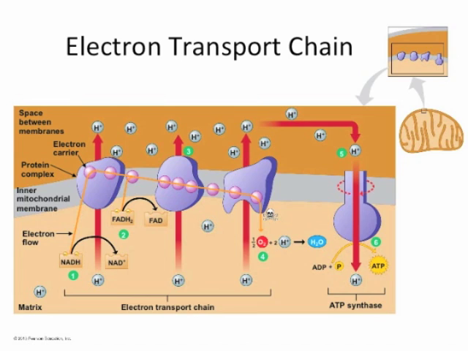As those electrons pass through proteins embedded in the mitochondrial inner membrane, they drive active transport to pump hydrogen ions from the matrix of the mitochondria into the inner membrane space.